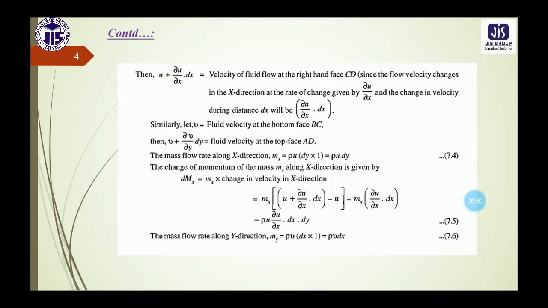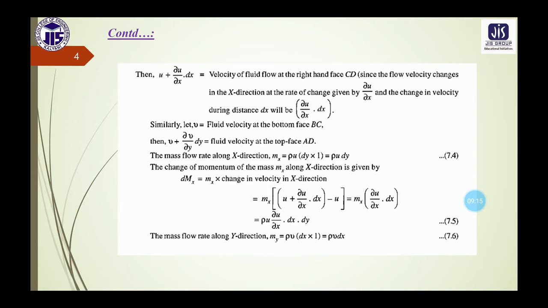This u plus del u del x multiplied by dx is the velocity of fluid flow at the right face CD of this elemental volume. Similarly, let v be the fluid velocity at the bottom face BC, and v plus del v del y multiplied by dy is the fluid velocity at the top face AD.